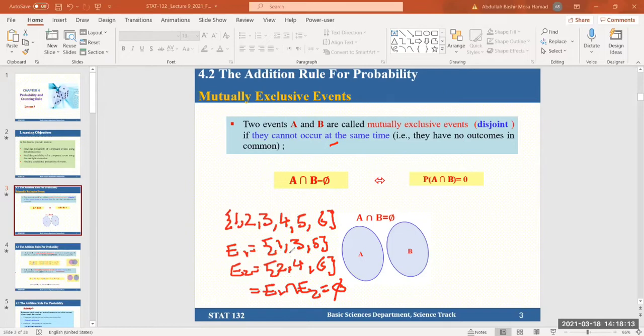Probability of intersection equals 0. P of E1 intersection E2 equals 0. Probability equals a value. Intersection of events equals a set. If we ask about intersection of 2 events, then it is equal to the empty set.